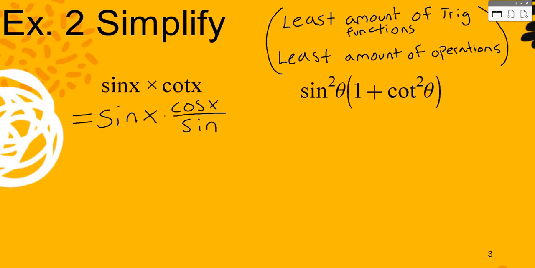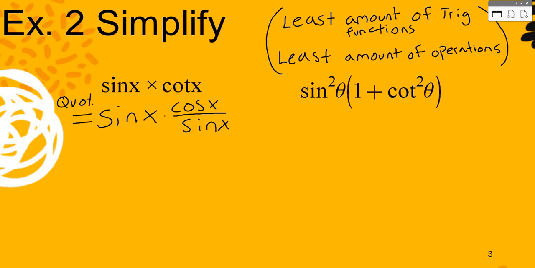Which of our identities is that? Quotient. So you don't have to label them. I'm going to label them just so if we refer back to them later, we know what we did at each step. So it's not a bad idea to put which identity you used, but you don't have to.